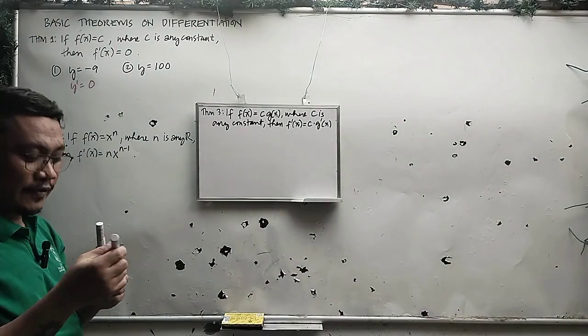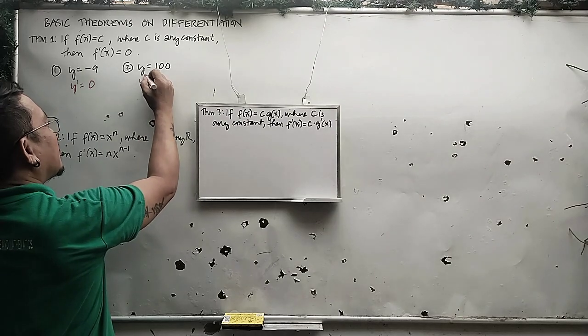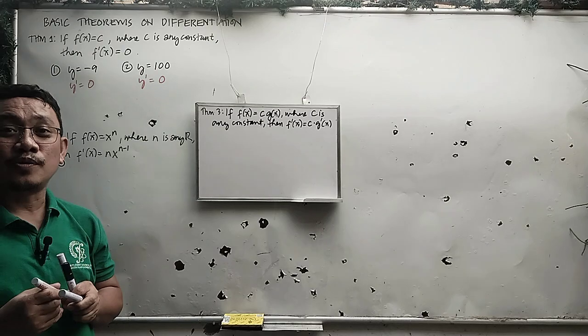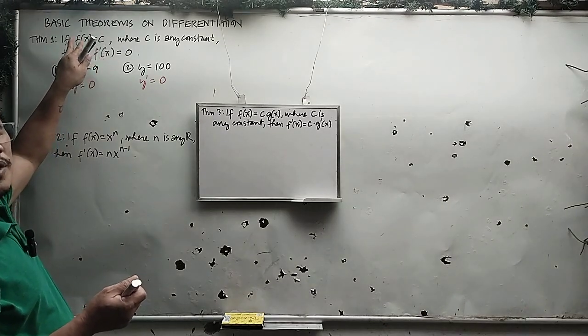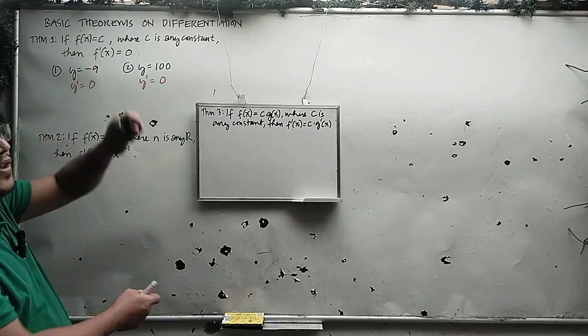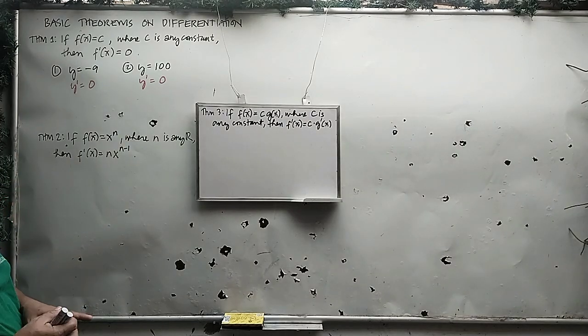Then find its derivative. Again, since 100 is a constant, its derivative is 0. Right? So our theorem 1 stated that if a function given is equal to a constant, then its derivative is 0. Okay? Let's proceed to theorem 2.